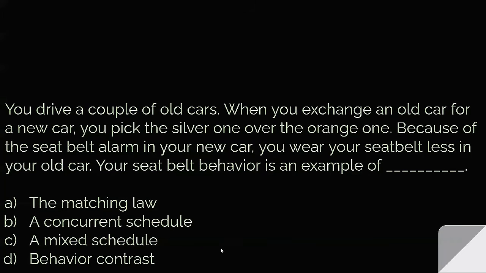If it was a mixed schedule, we'd have one schedule in place and then another, but it wouldn't have any SDs to tell me what that change was, or even that there was a change in the schedule of reinforcement. I wouldn't know. And that isn't what's here. So it is D, behavior contrast.